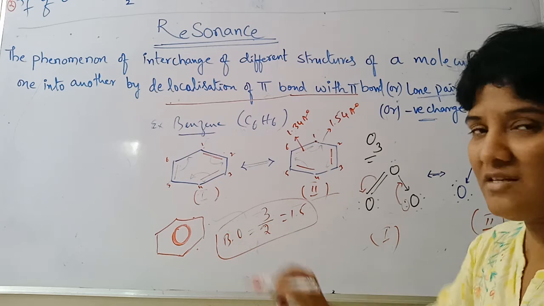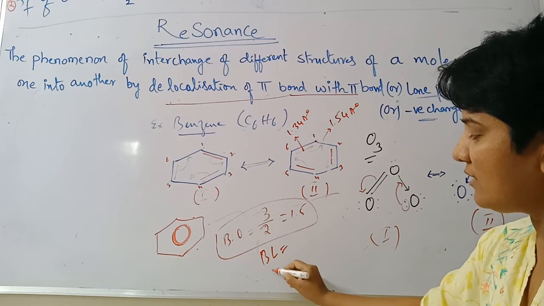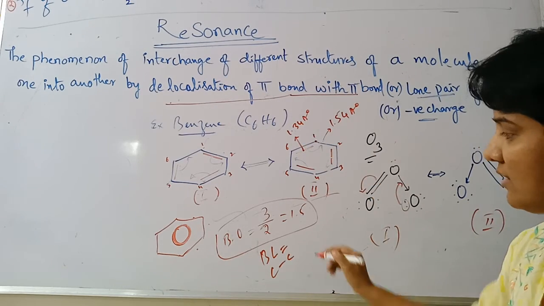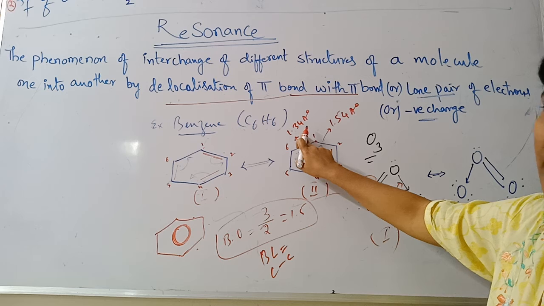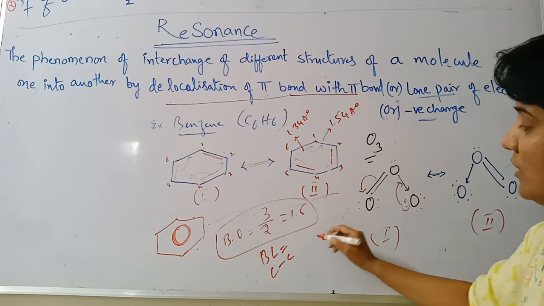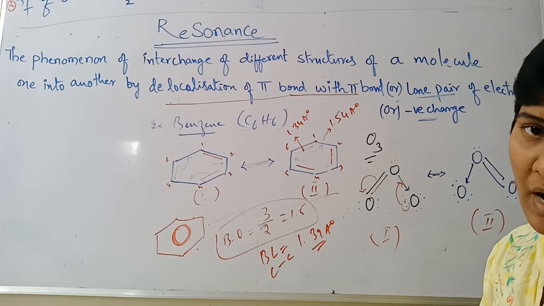But here there is no double bond, there is no single bond. So the C-C bond length here is more than the double bond and less than the single bond, about 1.39 or 1.40 angstroms.